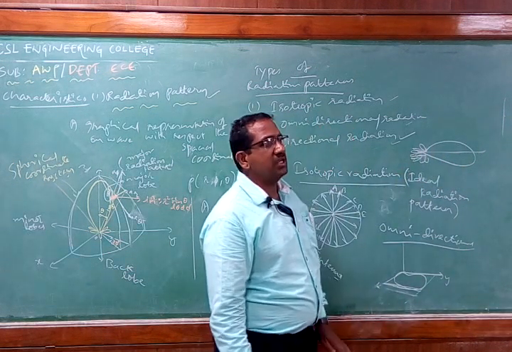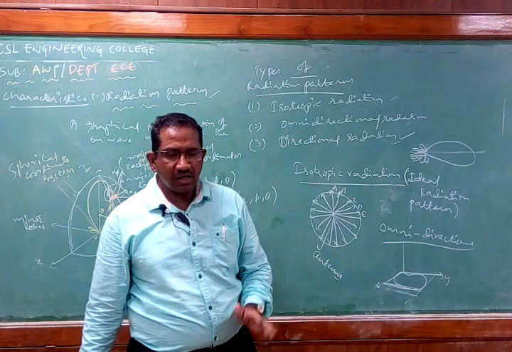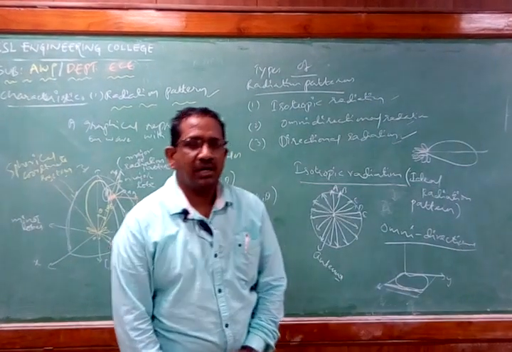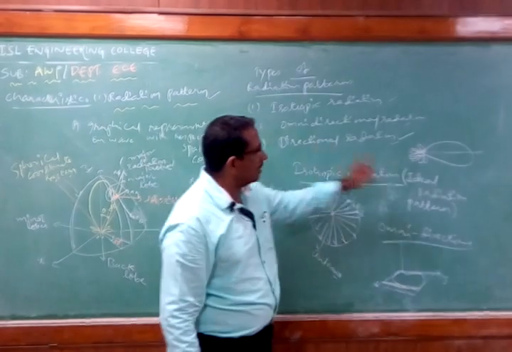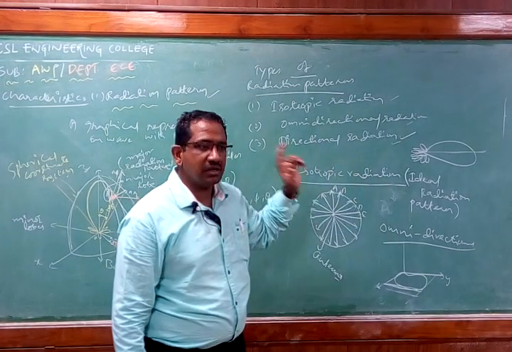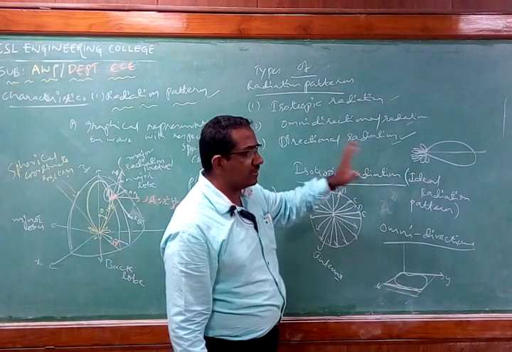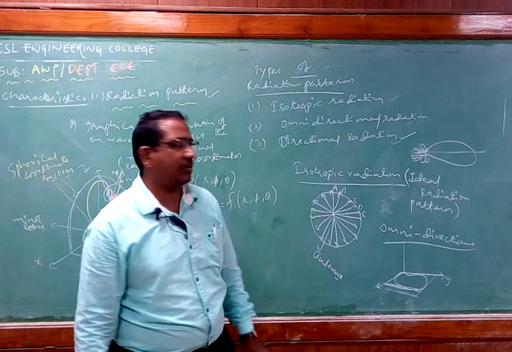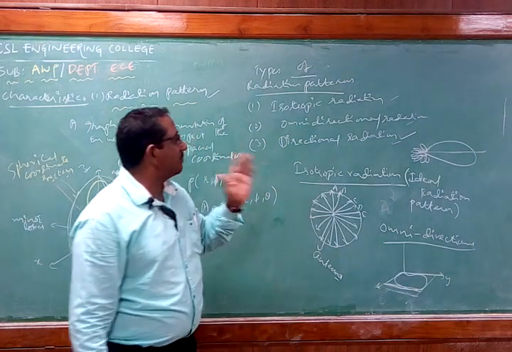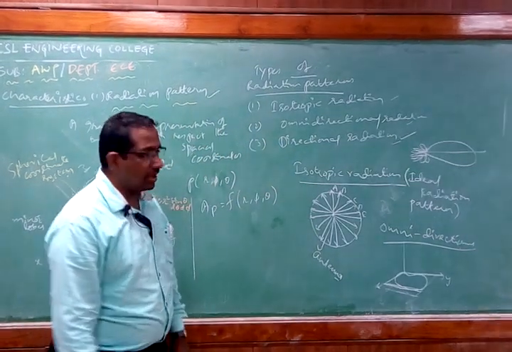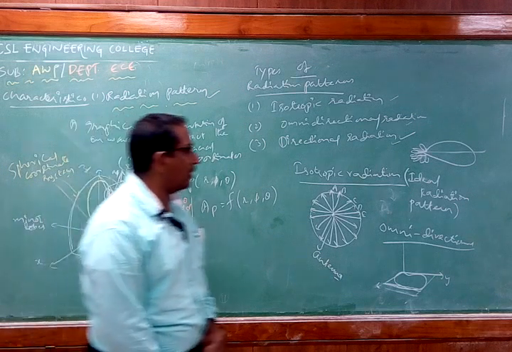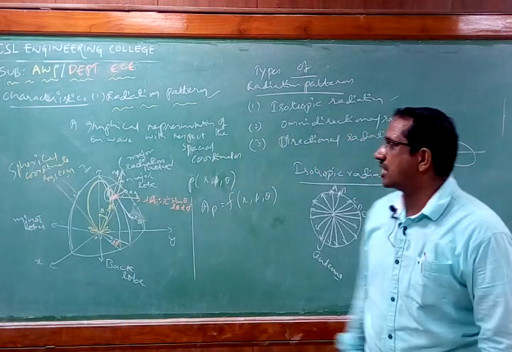That means a directional antenna is highly directive in a particular region, and only then is it called a directional type of antenna. So by looking at the various patterns, we come across the directivities.